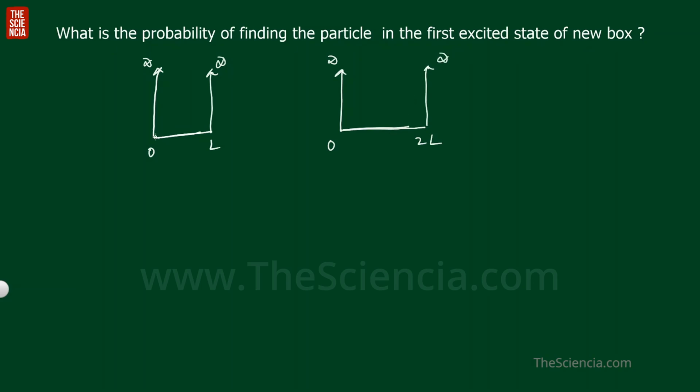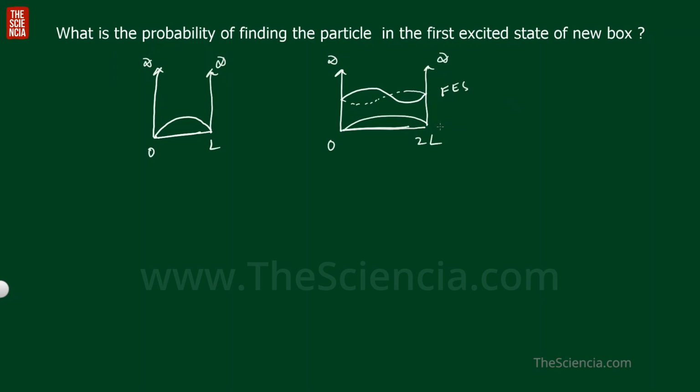Initially the particle is in the ground state, and when the walls are shifted, the particle occupies the first excited state. So the corresponding standing wave will be like this one, right? And this is its ground state.